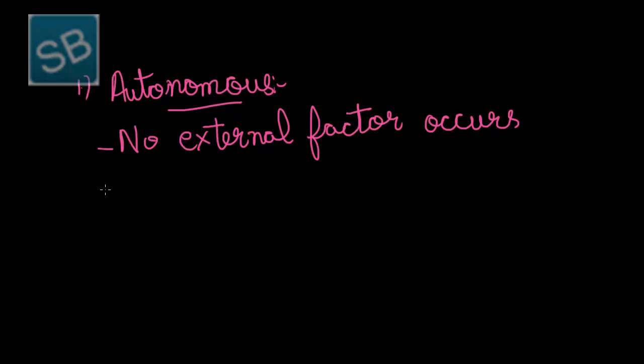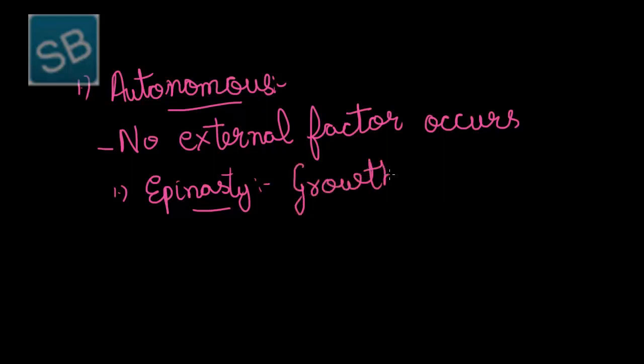Such autonomous movements occur in various types, for example, epinasty. In such movement, the growth ratio of the upper surface is more than that of the lower surface of the leaves.